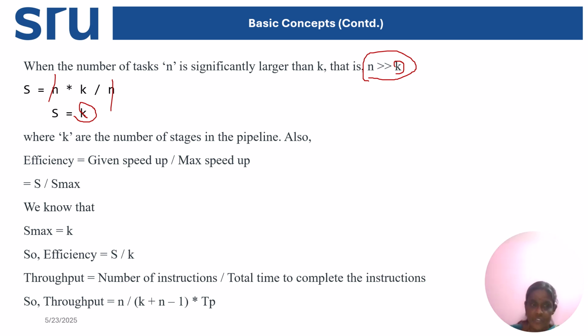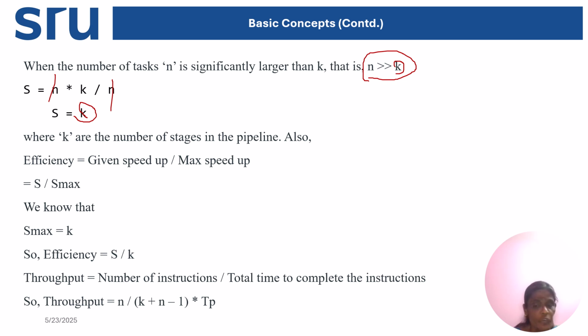Also, efficiency is equal to given speed up divided by maximum speed up. Given speed up is S, what we have calculated, divided by maximum speed up. We know that S max is equal to 4. We have already seen maximum speed up is equal to the number of segments in the instruction.